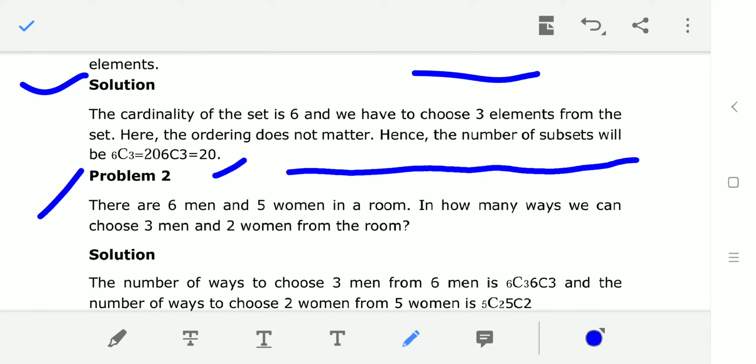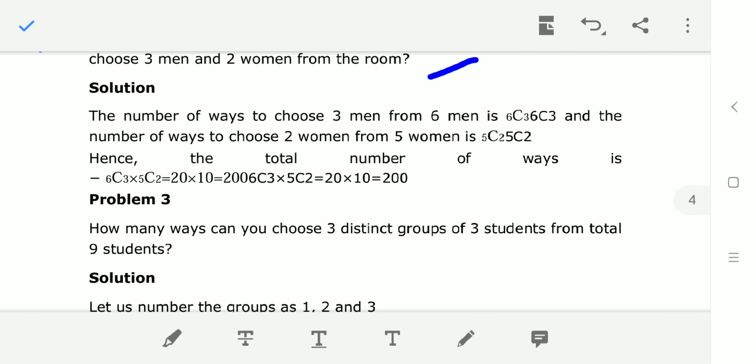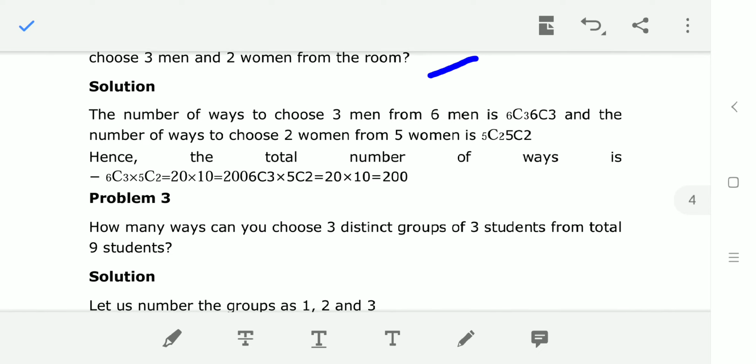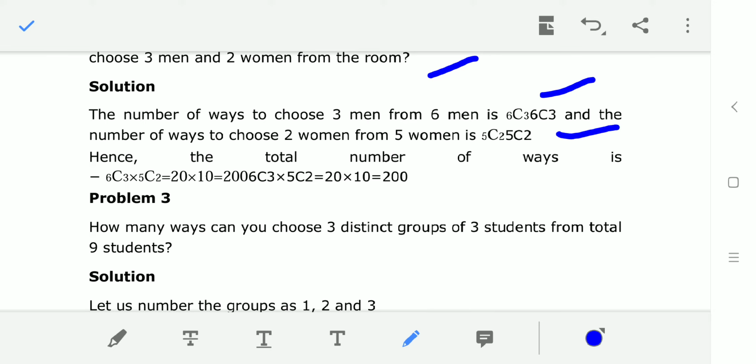Problem 2. There are 6 men and 5 women in a room. In how many ways can we choose 3 men and 2 women from the room? The solution is, the number of ways to choose 3 men from 6 men is in this way, and the number of ways to choose 2 women from 5 is 5C2 in this way.